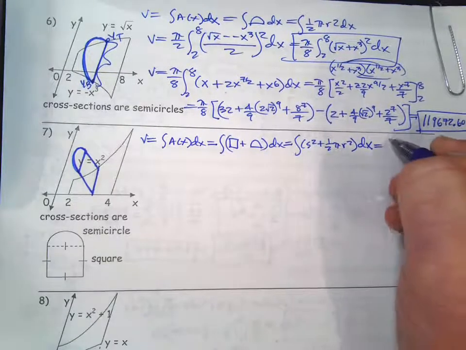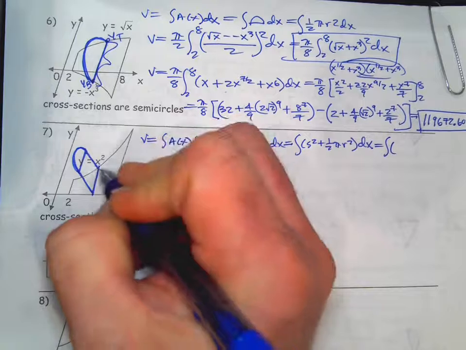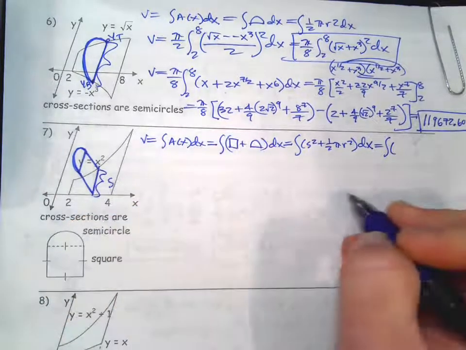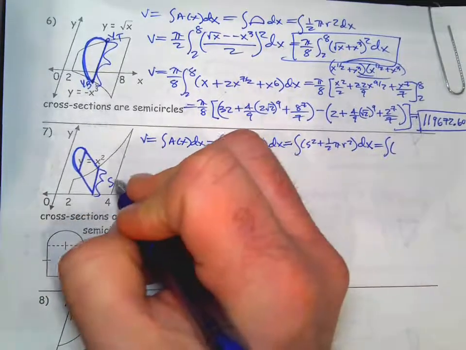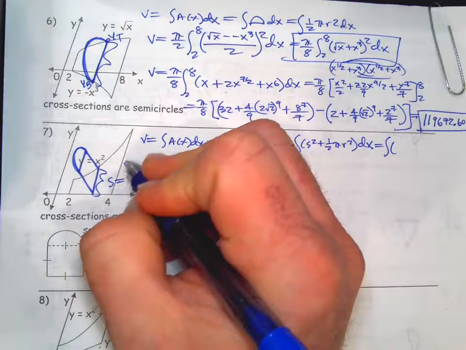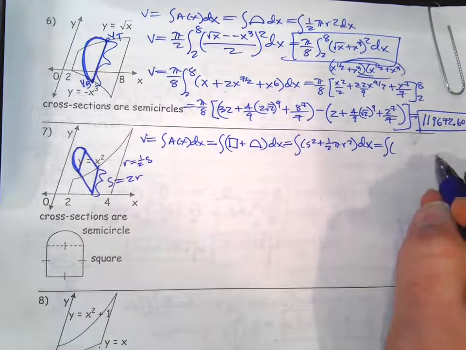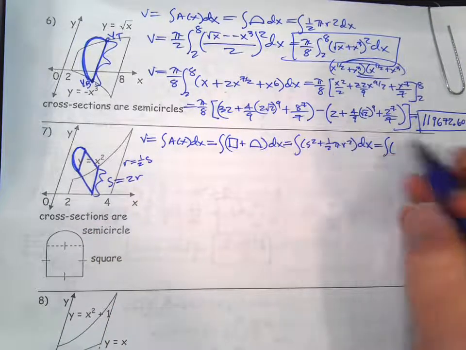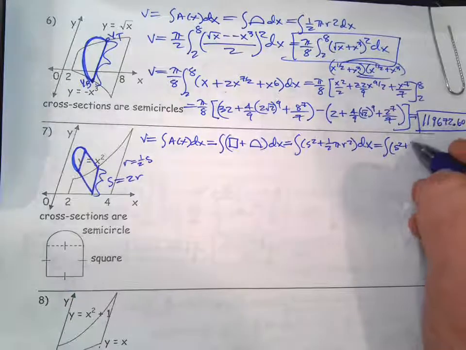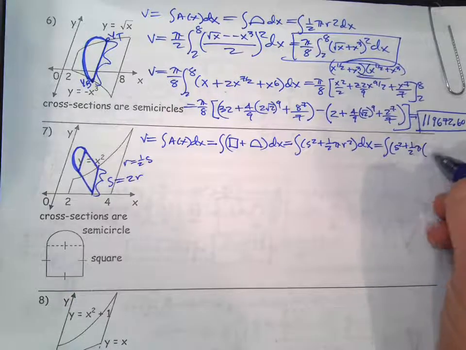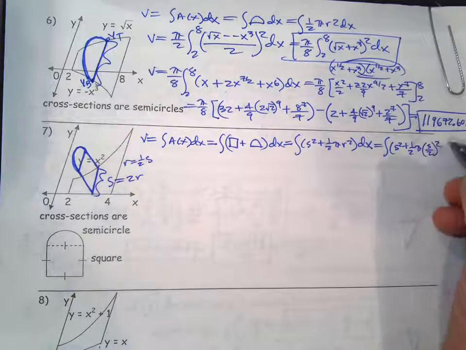We probably want to try and get this in terms of the side of the square. So we could either say the side equals 2 radiuses, or we could say the radius equals half of a side. I think it would be better to go with the radius equals half of a side. So it's going to be side squared plus 1/2 pi side over 2 squared.